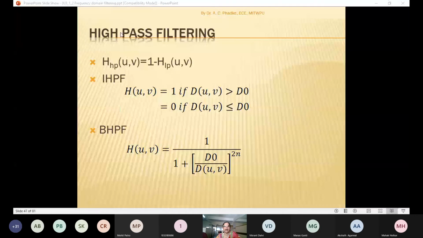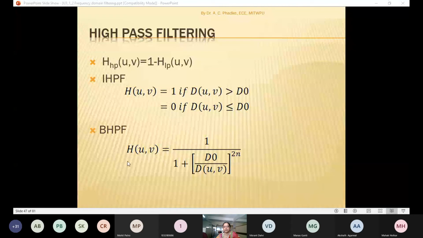We obtain this ideal high pass filter function simply by subtracting the ideal low pass filter function from 1, and the same we can write as shown here. The ideal high pass filter H(u,v) is given by 1 if D(u,v) is greater than or equal to D0, and 0 if D(u,v) is less than D0. Now the next equation represents the Butterworth high pass filter function.